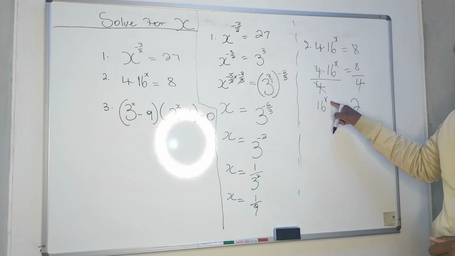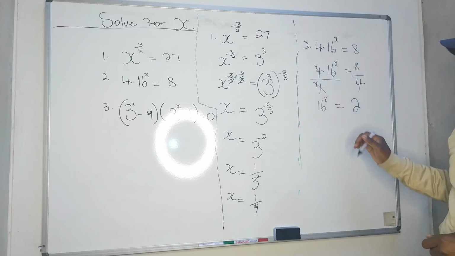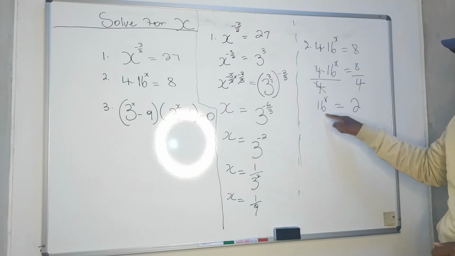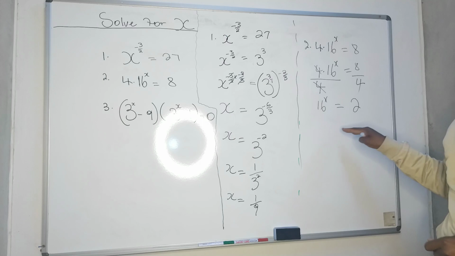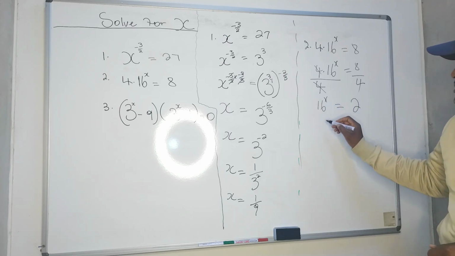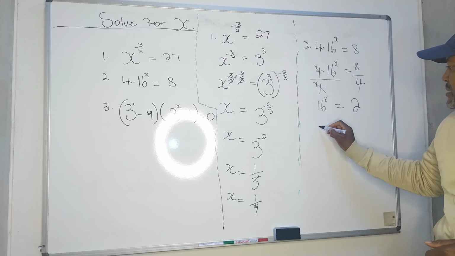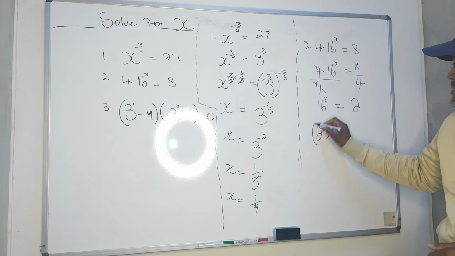How are we going to solve for x? We need to write our 16 as 2 raised to something so that the bases remain the same. This 16 is going to be 2 raised to 4 in brackets.